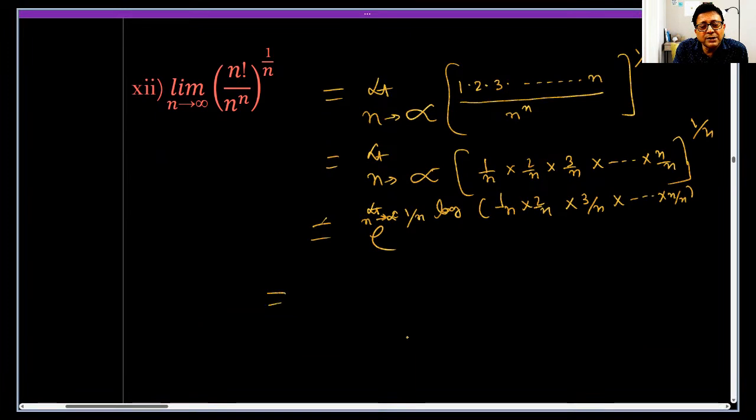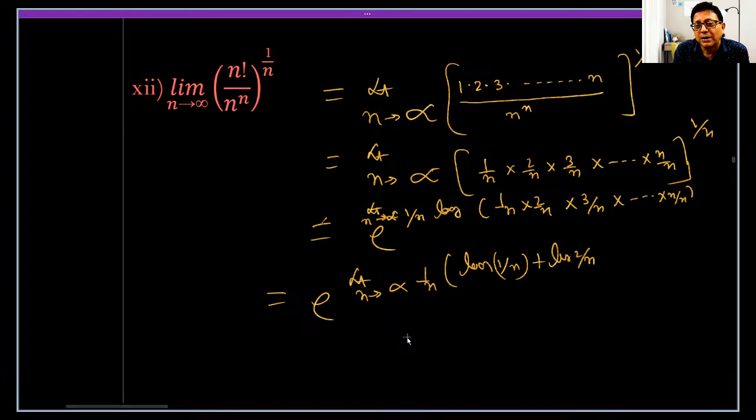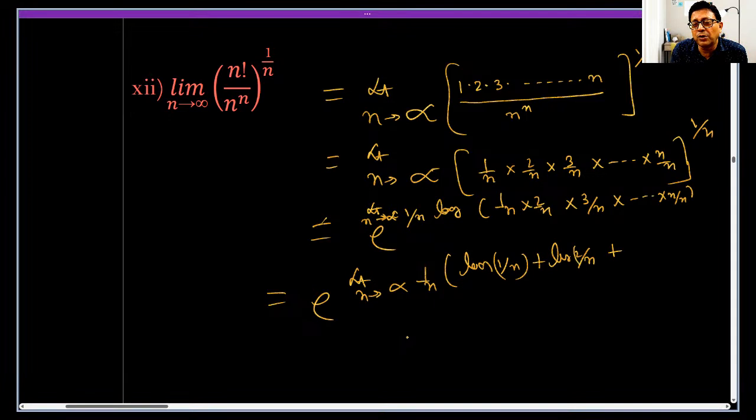What is the advantage here? You write this as 1 by n outside, log 1 by n, log 2 by n. You know log ab is log a plus log b. See the fun here now. We got the pattern again.